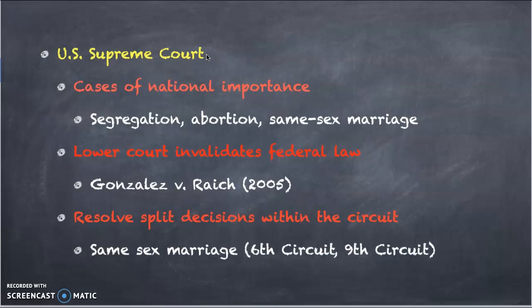Gonzales v. Raich is one of those that has to do with medical marijuana, in which the Ninth Circuit Court of Appeals ruled that federal drug enforcement officers do not have the authority to seize marijuana plants that somebody was growing because the state they lived in, which was California, allowed for medical marijuana use. Basically, the Ninth Circuit invalidated federal law because at that time, and at the time of this lecture, federal law was that marijuana was illegal.